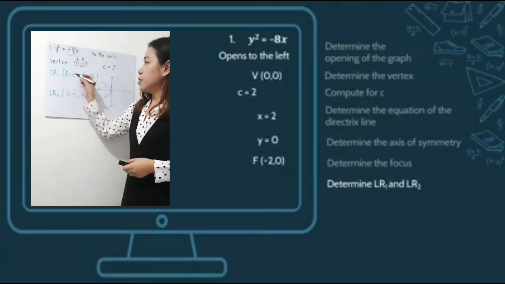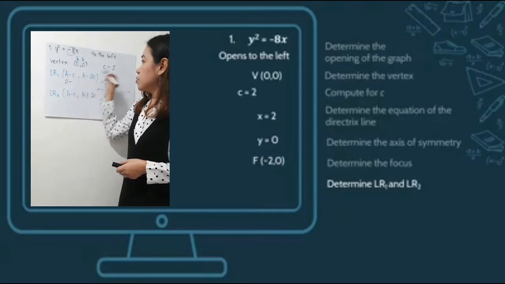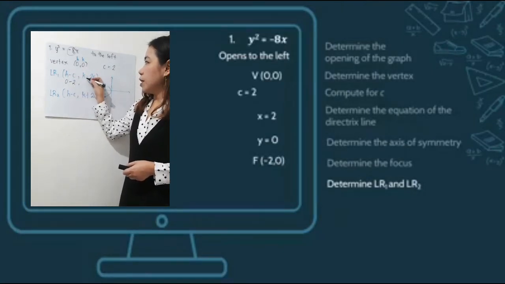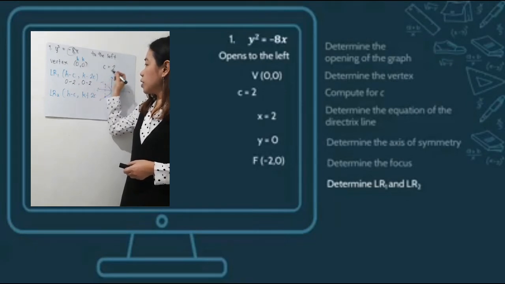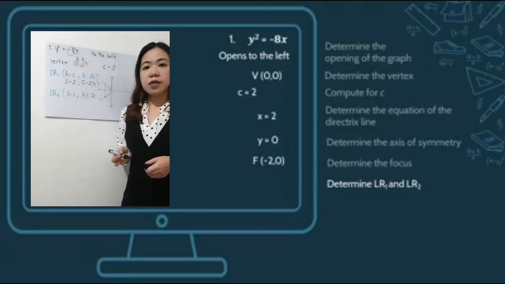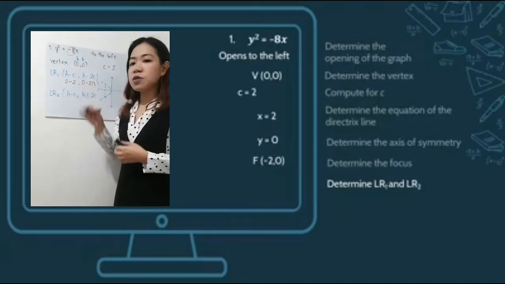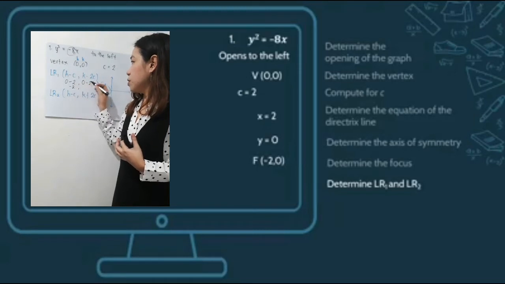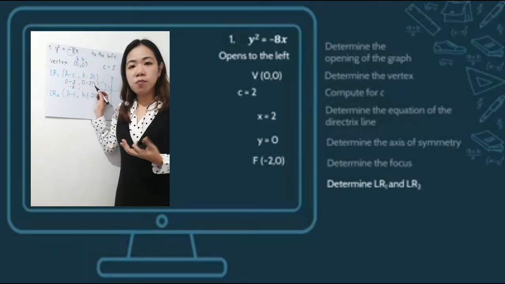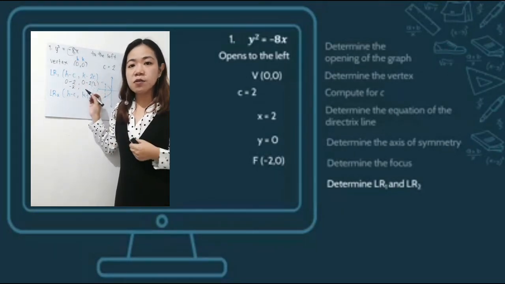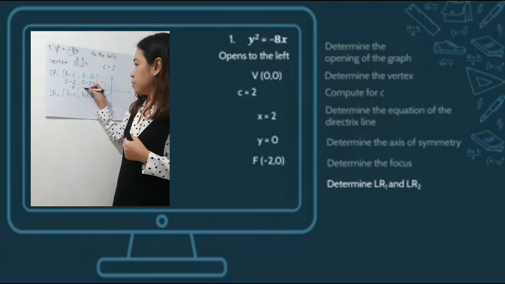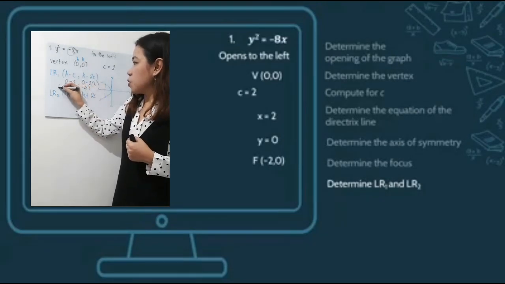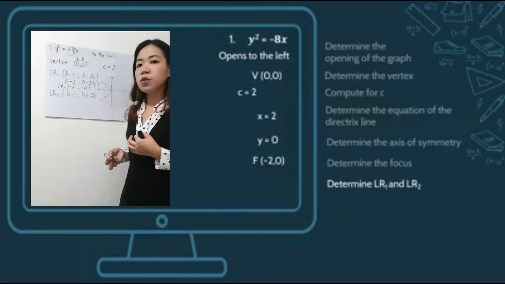Okay, so let's substitute. We have h is 0 minus c, that's 2. k is also 0, minus 2c, which is 2 times 2. Simplify. 0 minus 2 is negative 2. And 0 minus 2 times 2, 2 times 2 is 4, and 0 minus 4 is negative 4. So LR sub 1 is at (negative 2, negative 4).